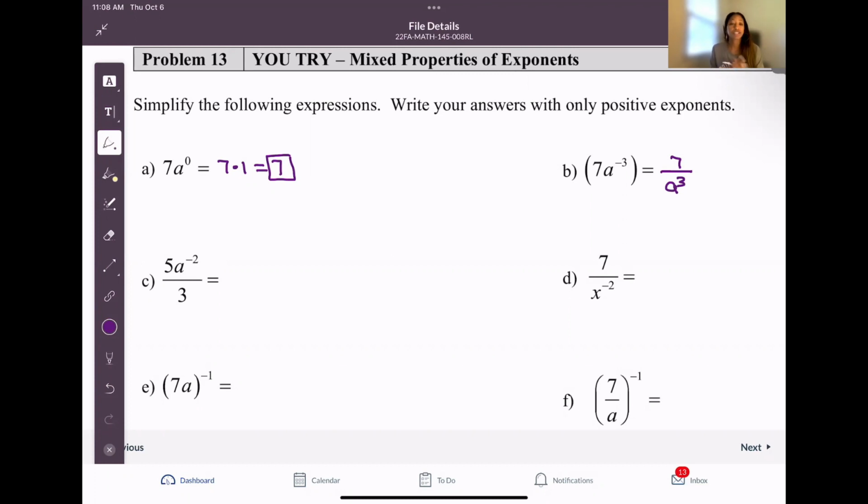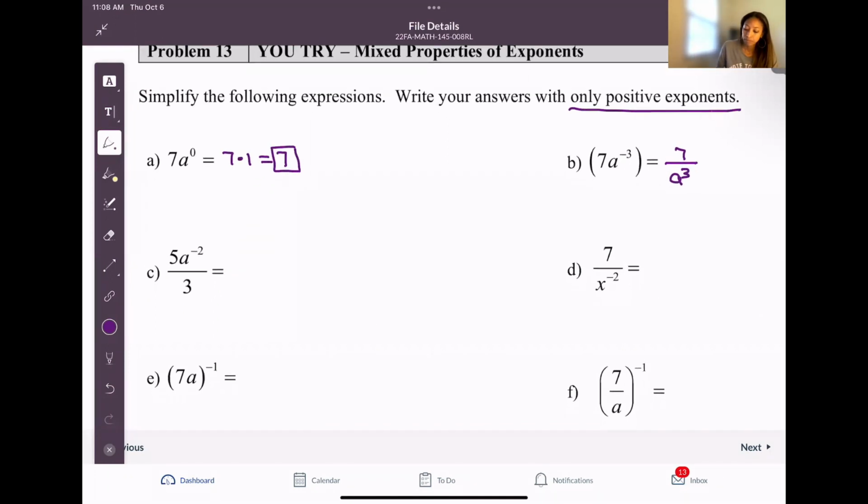For our final answers, we want our answers to have positive exponents only. For 5a to the negative second over 3, that's 5 over 3, and we're going to move that a term with the negative exponent down to the denominator and make the exponent positive.